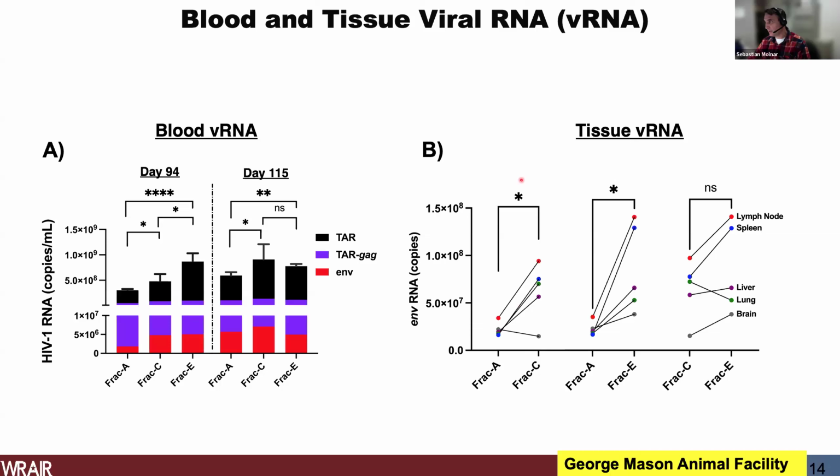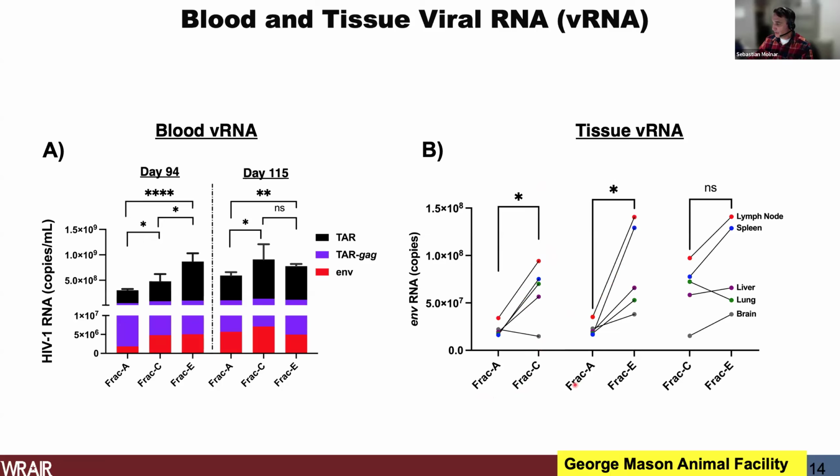Furthermore, when we looked at the tissue RNA postmortem in the animals, we observed that when we compared fraction A to fraction C, there was a significantly higher tissue distribution of the viral RNA in fraction C. In lymph nodes, spleen, liver, lung, and brain it was a little bit less.